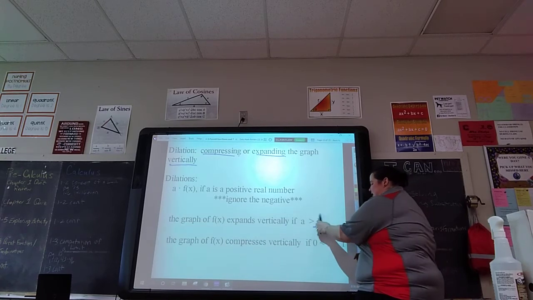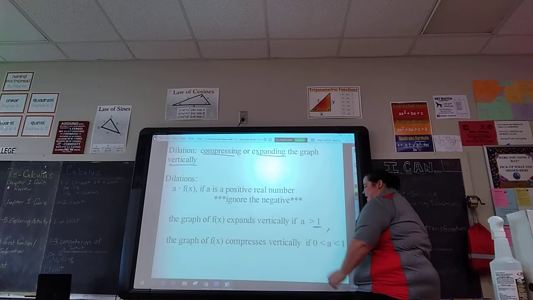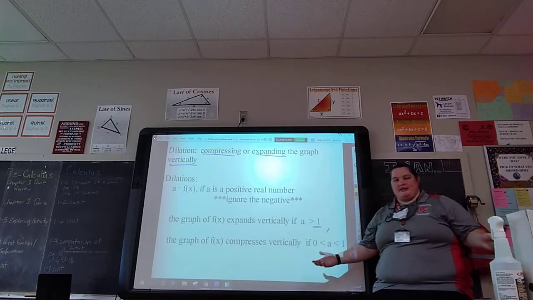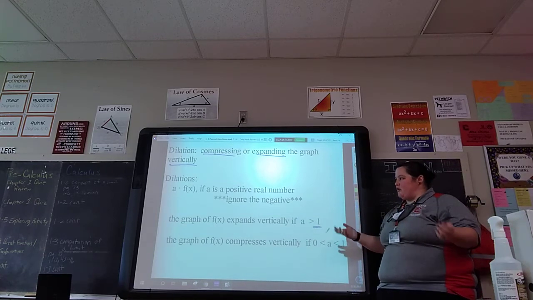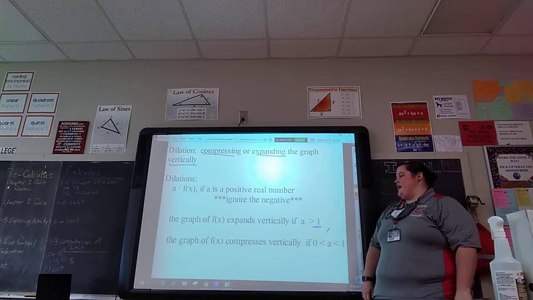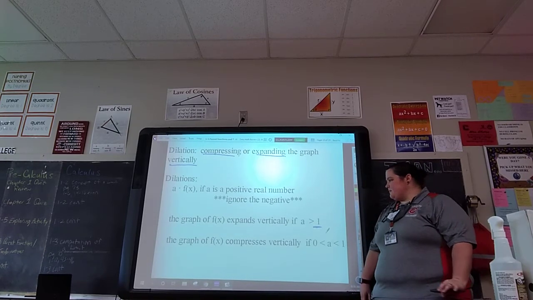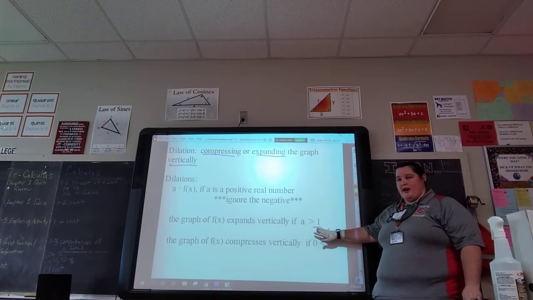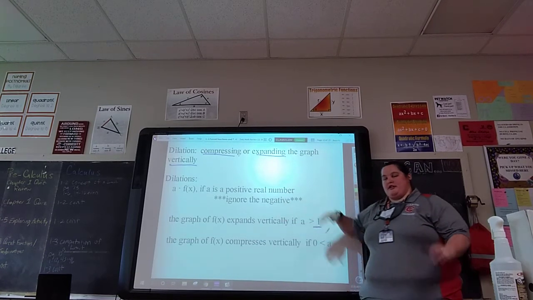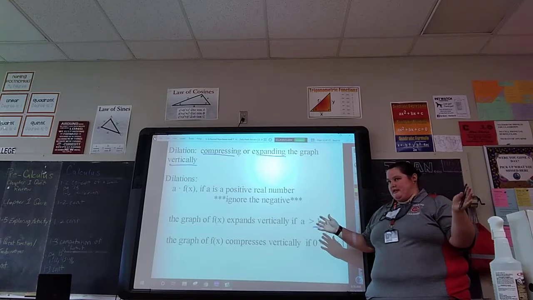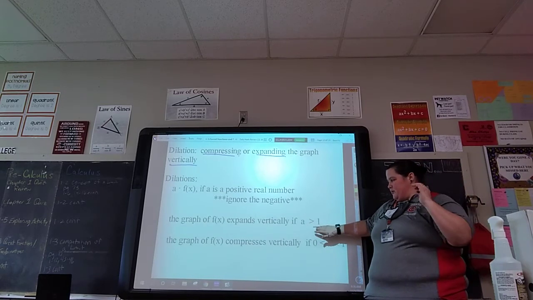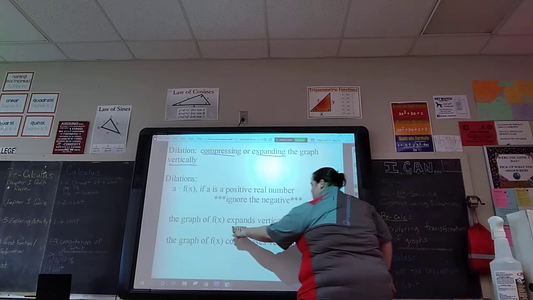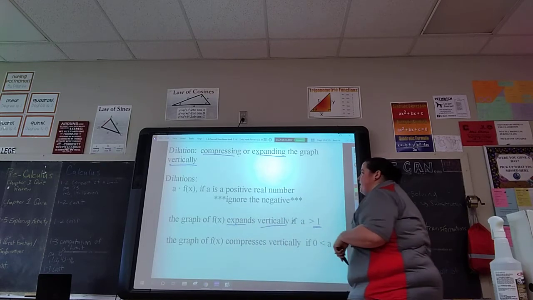Our most basic slope of any graph is 1, because it's rising and running at a similar rate. Nice, easy slope, because that's really what we're affecting. So basically you're going to look, is that number bigger than 1? Again, ignoring the negative. So this could be 2 or negative 2, it does the same thing. So if it's bigger than 1, it expands vertically.